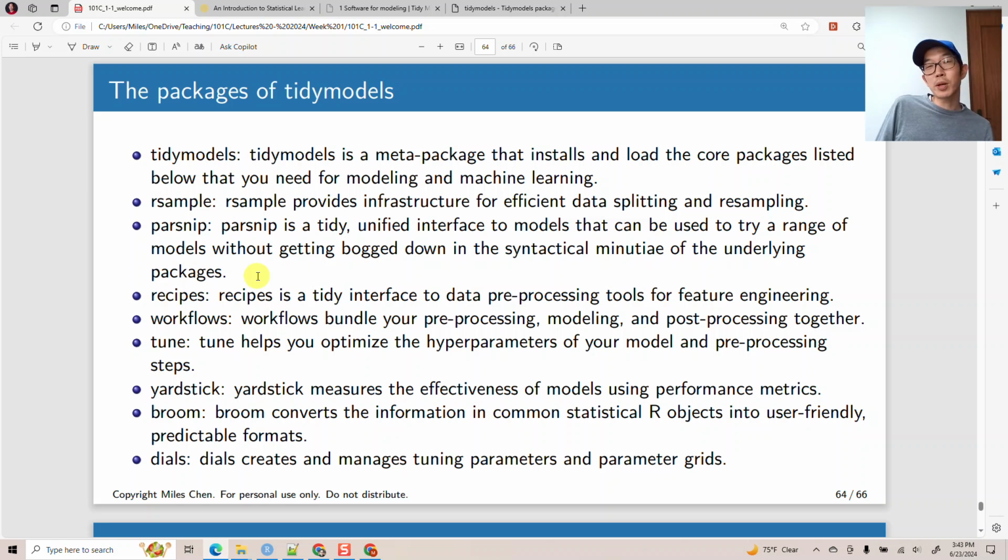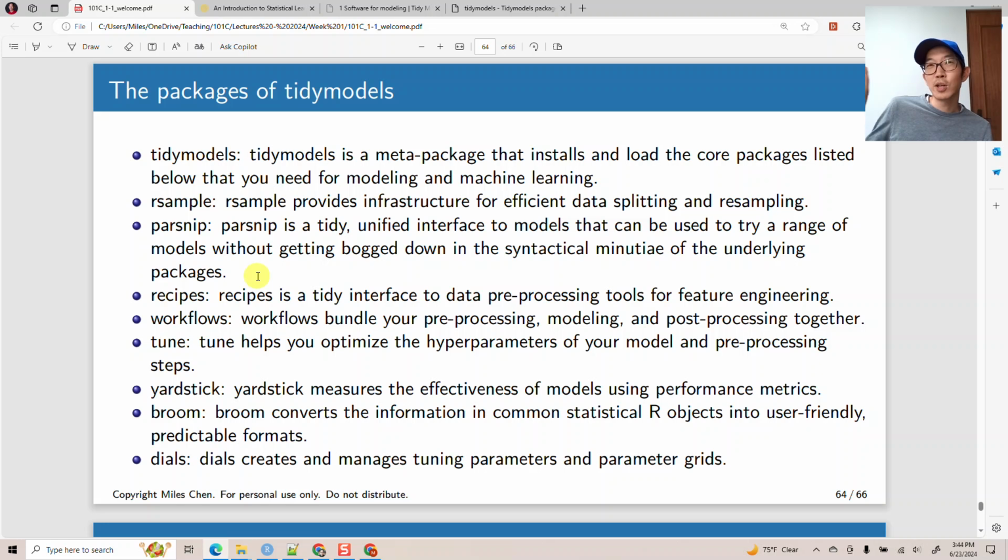So as these new packages get released, the authors of Tidy Models update Parsnip and include little translation instructions. So you just have to learn how to use Parsnip. You can say, hey, I want to fit this kind of model, and I want to use this package, and Parsnip will automatically translate your instructions into the commands needed for that particular package, right?